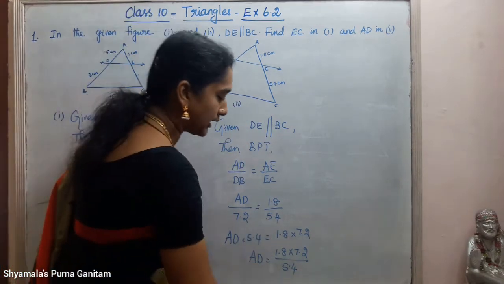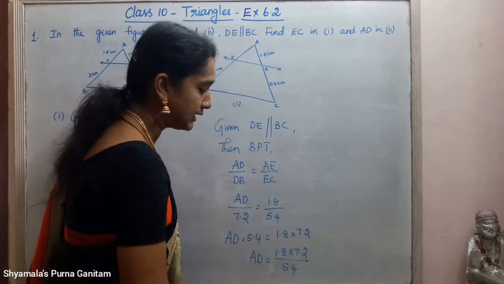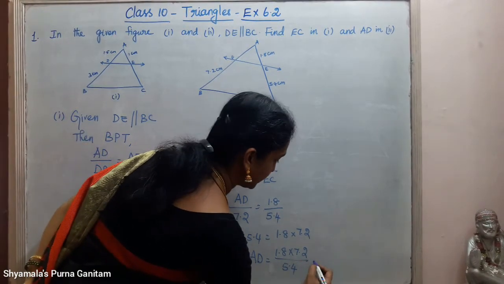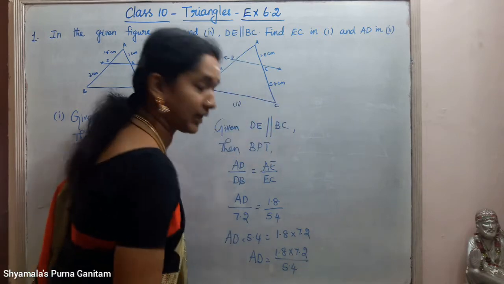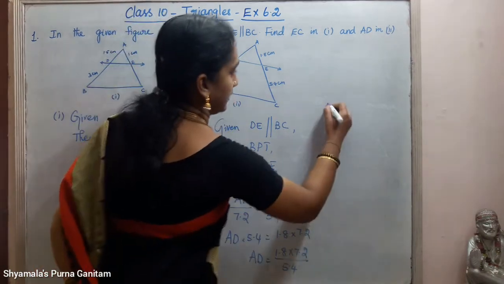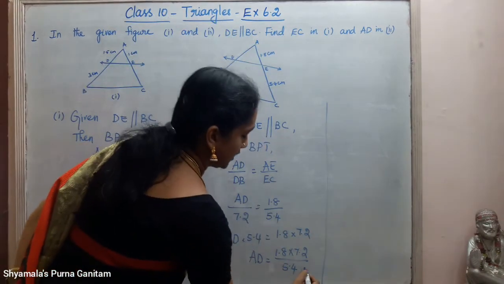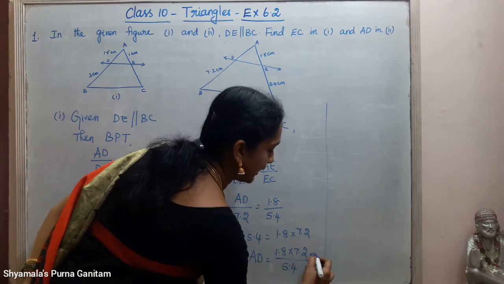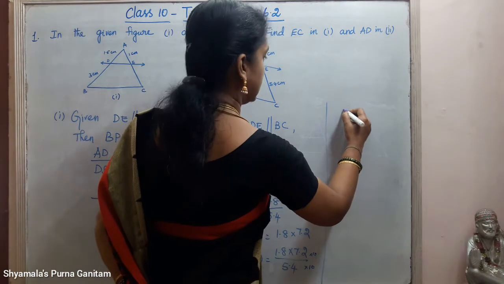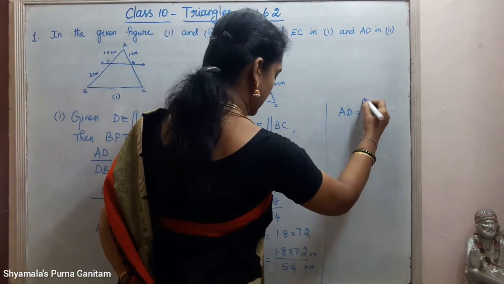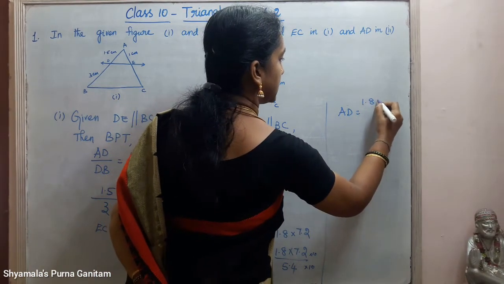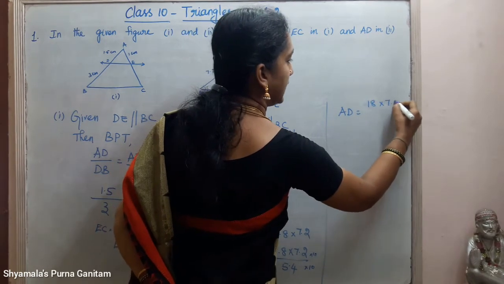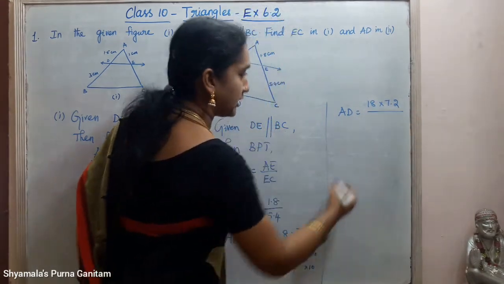In all the terms we have a decimal point, so we will multiply the numerator and denominator by 10. So we will get AD is equal to 1.8 multiplied by 10, which is 18, so 18 into 7.2 divided by 54.